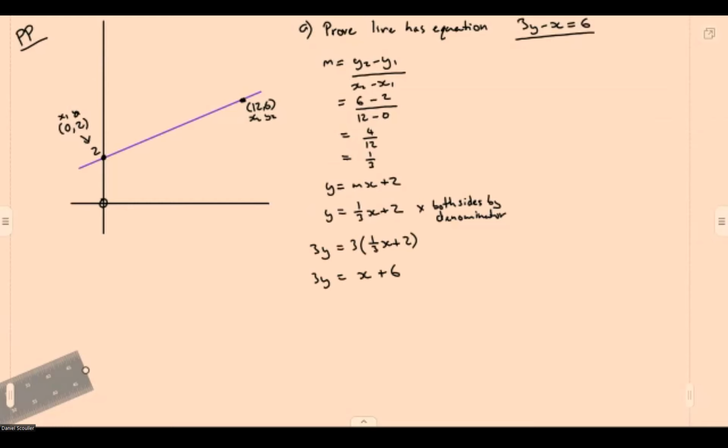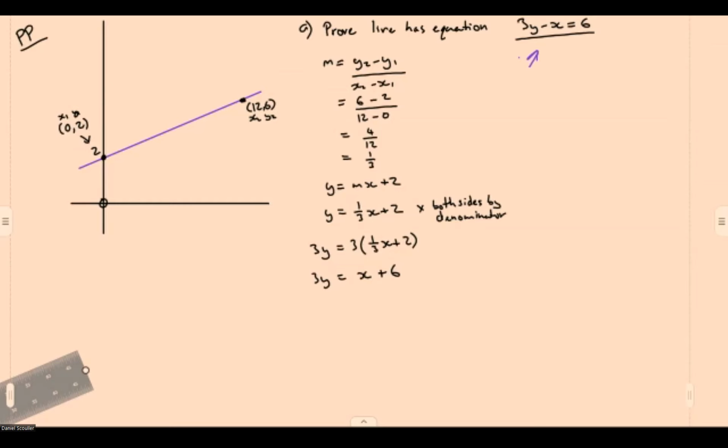So we're getting very, very close to this. The last thing we need to do is just put all the letter terms on the left-hand side. Now that's going to help us anyway when we do the next part, and you'll see in a minute that it's finding an intersect with that line.